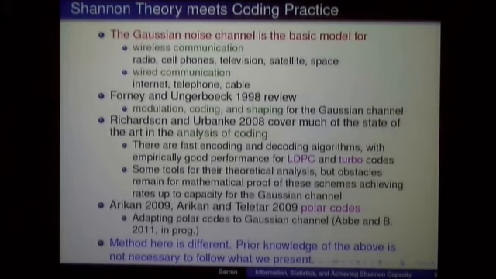So even if they're in continuous time under certain bandwidth constraints, it still reduces down to this model. And a nice review of a lot of the overall issues is in the 1998 IT paper by Dave Forney and by Ungerboeck, where they deal with modulation, coding, and shaping for the Gaussian channel.